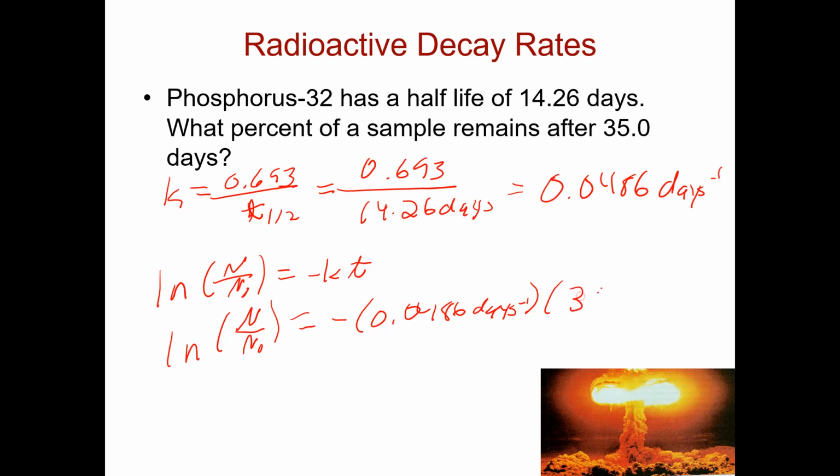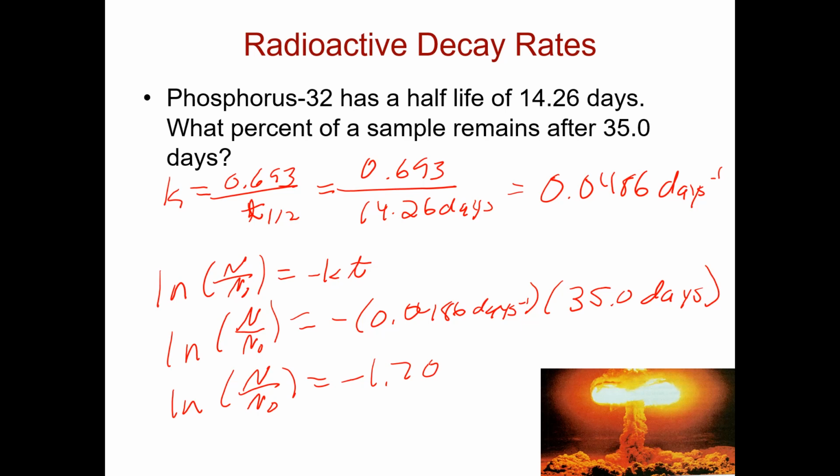And I'm talking about 35 days for my time. So if I multiply 0.0486 times 35, I get negative 1.70.